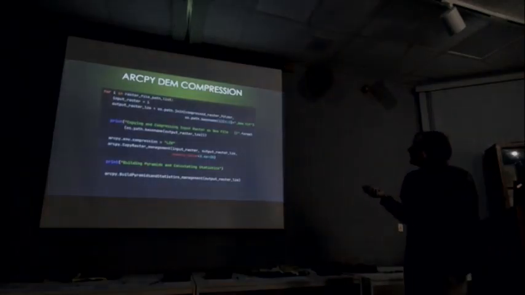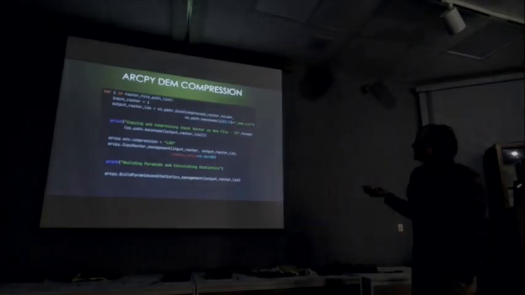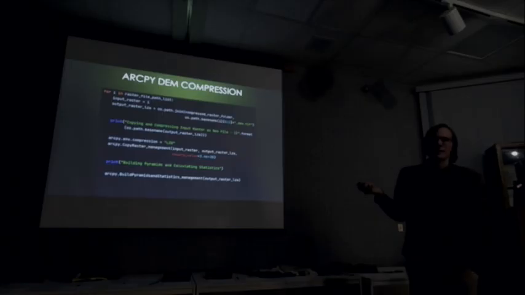The next step, after putting together a viable set of county-wide DEMs, and because I discovered that this process was going so quickly, I thought, well, I'll just generate them for the entire state.